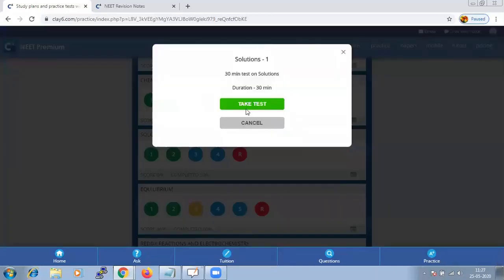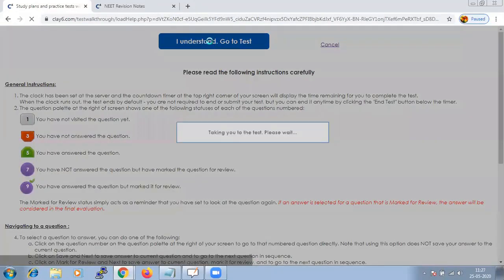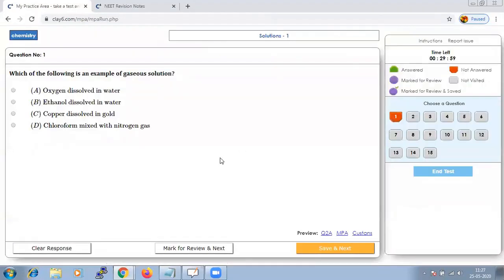So let us take the test. Which of the following is an example of gaseous solution? When you are studying solute and solvent and the different types of solution, it is very important to note what type of combination we are talking about.